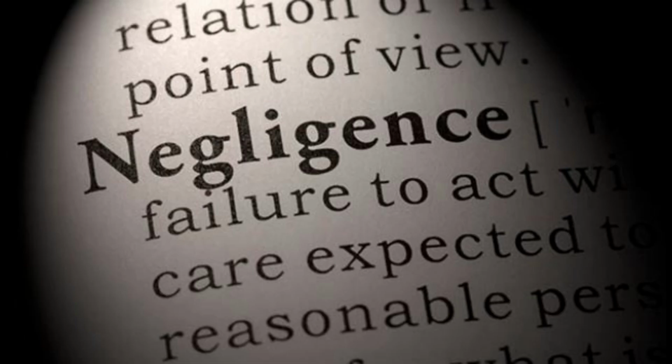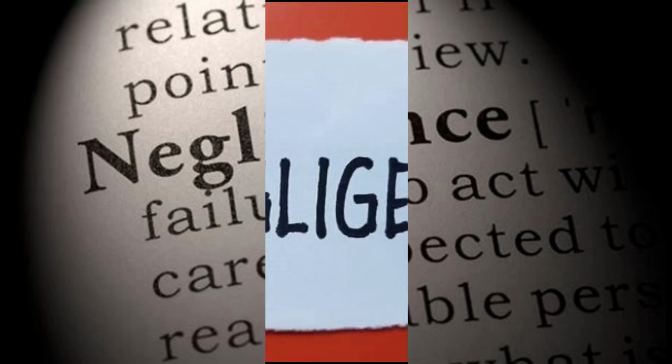Because Palsgraf was hurt by the falling scales, she sued the train company who employed the conductor for negligence. The defendant train company argued it should not be liable as a matter of law, because despite the fact that they employed the employee, who was negligent, his negligence was too remote from the plaintiff's injury.